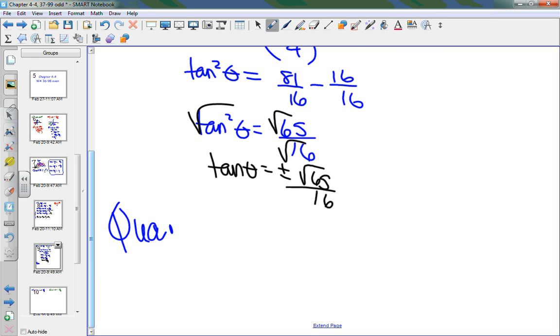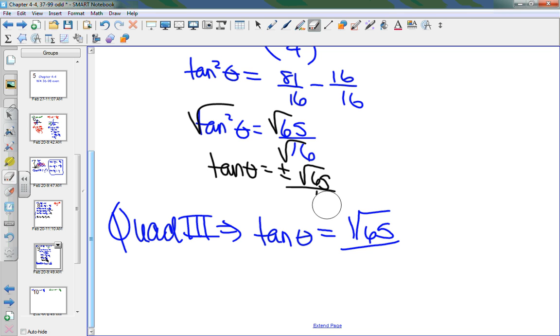And because I am in quad 3, that implies that the tangent of theta has to equal positive square root of 65 over, and no one caught me, I put 16 there, it should be 4. Over 4. We all see that. Square root of 16 is 4, guys. Sorry about that. I got rid of the square root, but I forgot to change 16 to a 4. Do we get that, yes or no? Do we all see that?